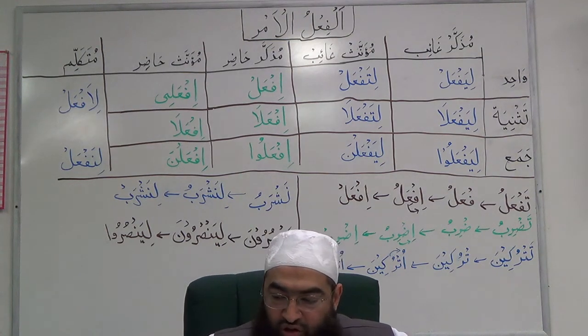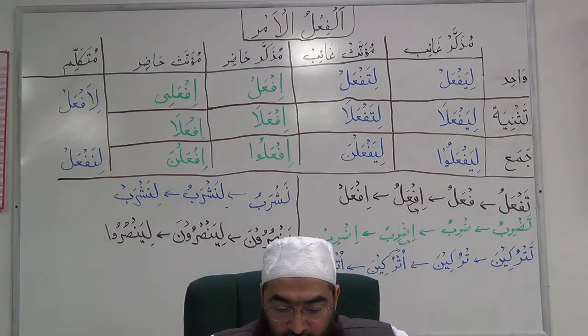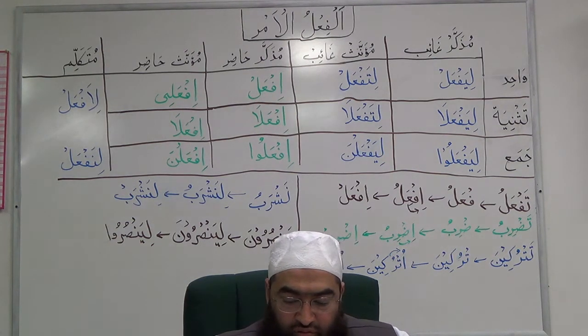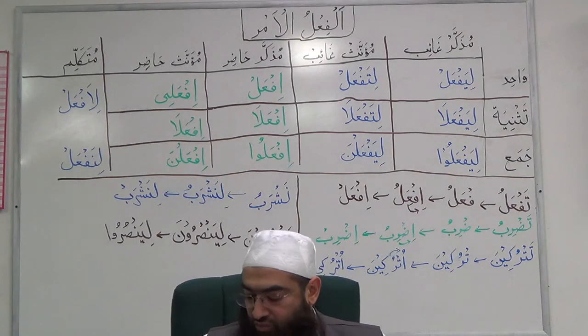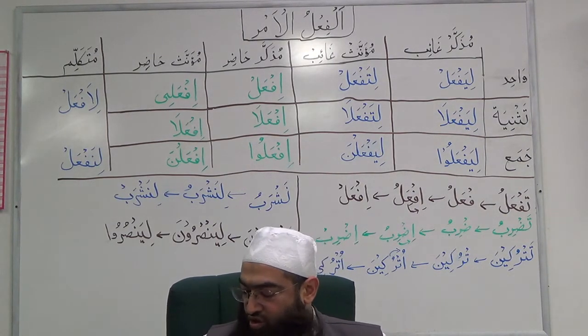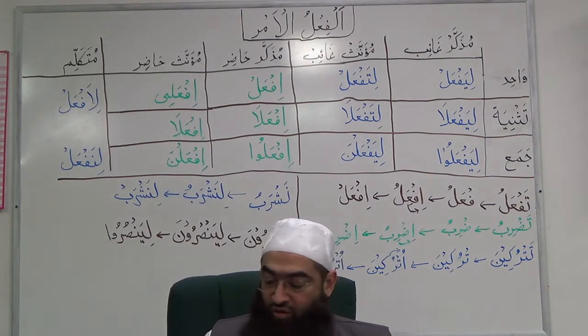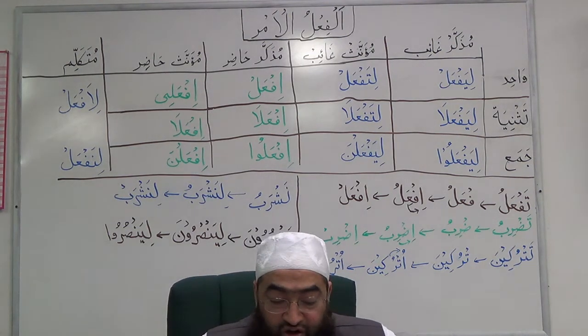We talked a little bit about how to form the words of amr last week. So how do you make al-fi'l al-amr? How do you form it? We started with the mukhatab, or the second person, because basically when you are giving a command, you're usually commanding or instructing or demanding something from a person who's in front of you.